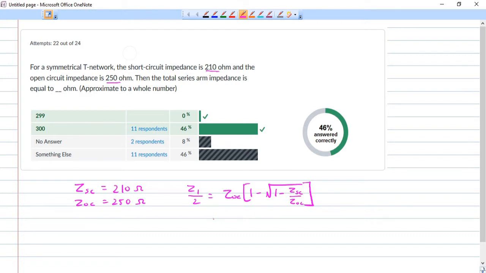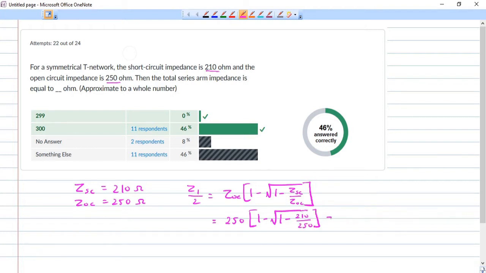So this should be equal to 250 into 1 minus root of 1 minus 210 upon 250.